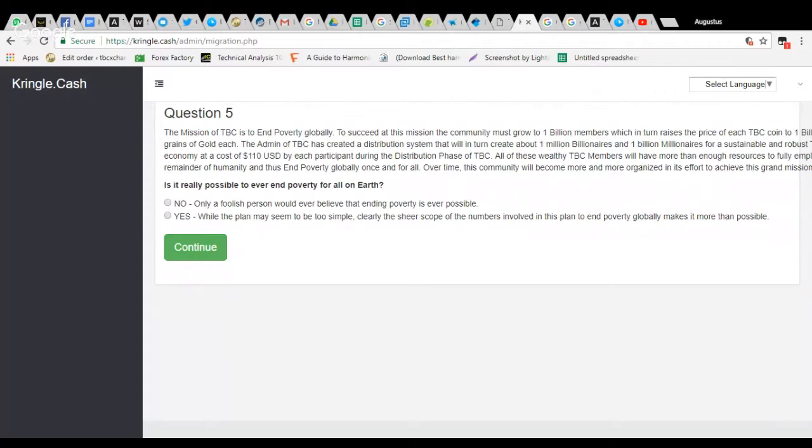No, only a foolish person will ever believe that ending poverty is possible. Yes, while the plan may seem too simple, clearly the sheer scope of the members involved in this plan to end poverty globally makes it more possible. So it is possible the TVC community can end poverty globally.